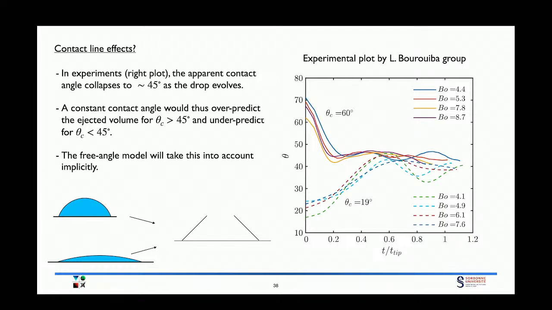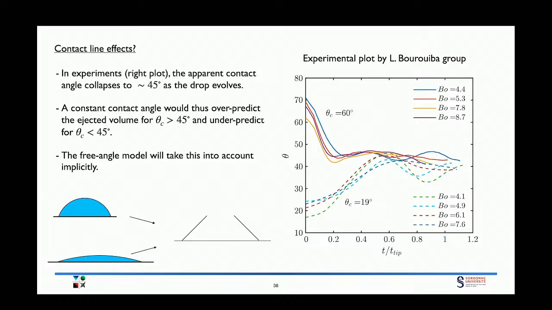So we now ask ourselves, how important are the contact line effects over here? This is a very interesting plot that was seen in experiments: the apparent contact angle, no matter if you start from a hydrophilic drop or from a 60-degree drop, would instantly reach a value of around 45 degrees.